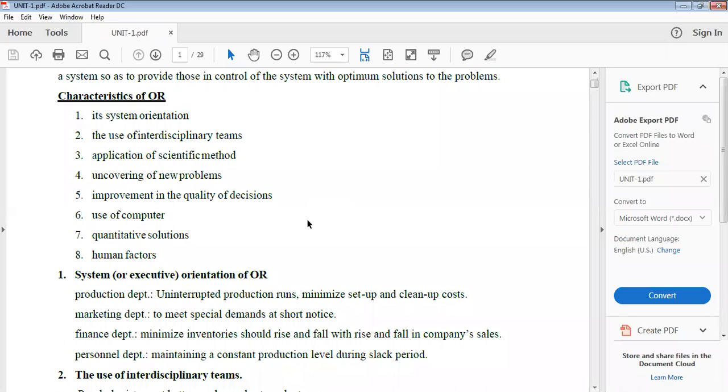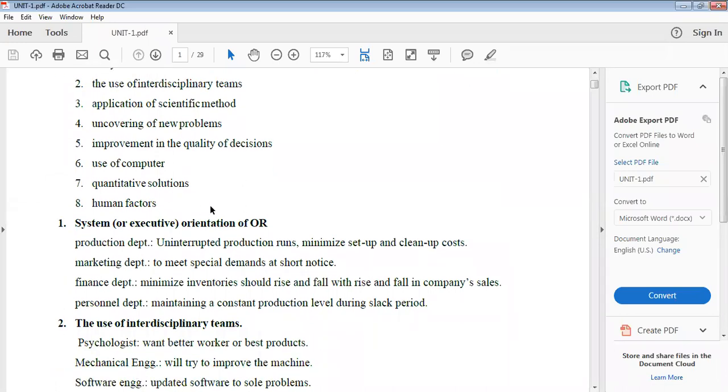Next, use of computer, quantitative solutions, and human factors. Quantitative means some areas can be dealt with scientifically. Some areas cannot be dealt with scientifically because they involve the quantity or the quality of the materials that flow into the factory, the inventory, all those things.